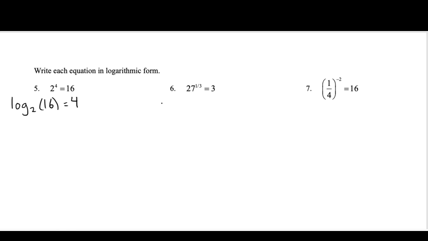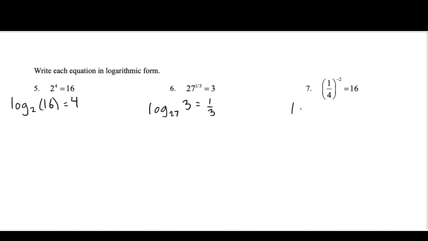Or here, right, the base is 27, the exponent is 1/3, the argument is 3, right? So we would have log base 27 of 3 is equal to 1/3. Or over here, the base is 1/4, the exponent is -2, argument is 16, right?